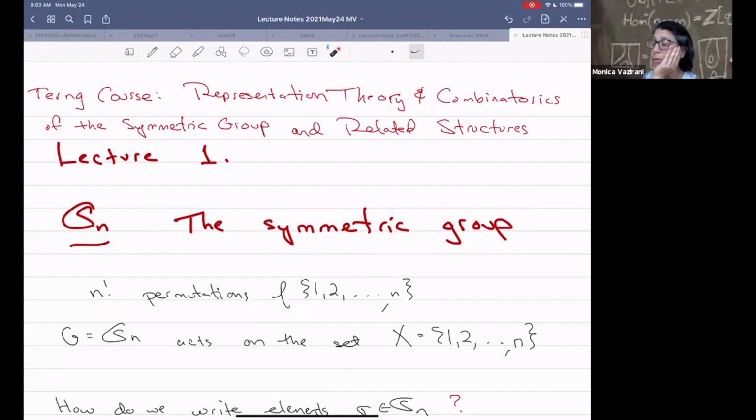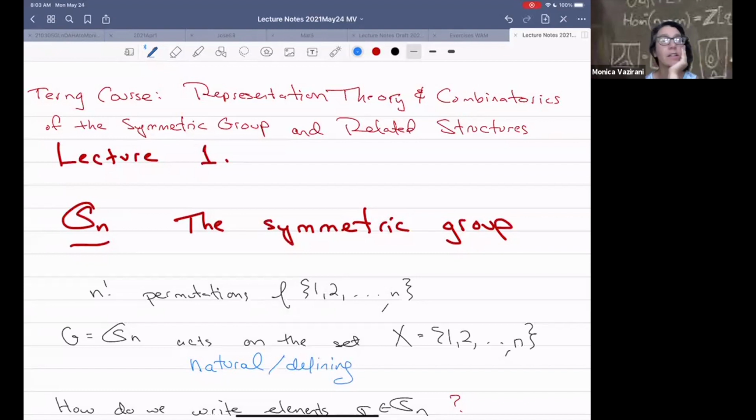One way to think of it is that this group acts on the set 1 through n. I'll call this the natural action. So when I use the word natural or possibly defining, this is what I'm referring to.